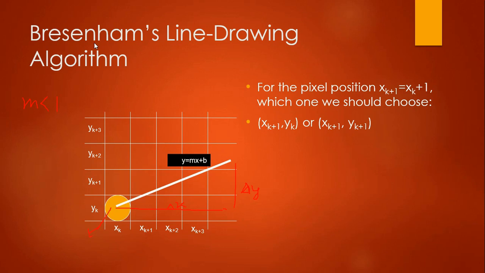we step to each successive column and plot the pixel whose scan line y value is closest to the line path. Here, you have already drawn a line. You know the line endpoints, but what about the pixels between them?